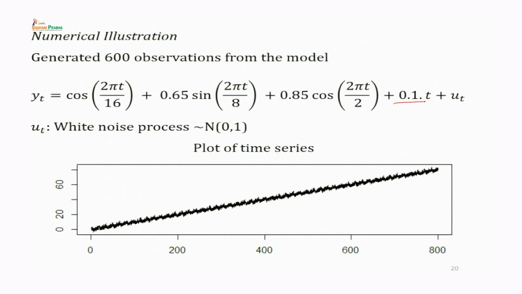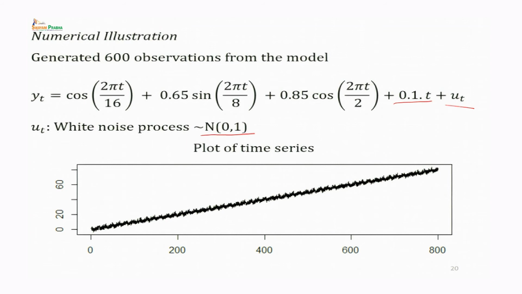So, the process has a linear trend also, plus u t, which is a white noise process or purely random process, and u t follows a normal distribution with mean 0 and variance 1. So, we have 600 observations using this model.